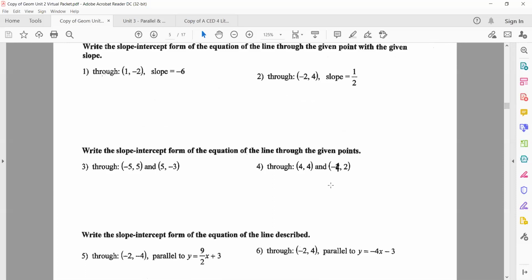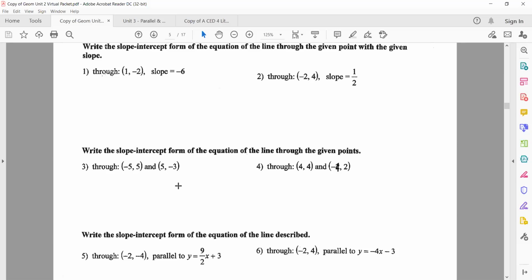We use the slope formula. That's what we were doing Tuesday when we were looking at whether or not lines are parallel based on their slopes. Remember, y2 minus y1 over x2 minus x1. So we're going to have to use the ordered pair values from both points in order to find the slope.